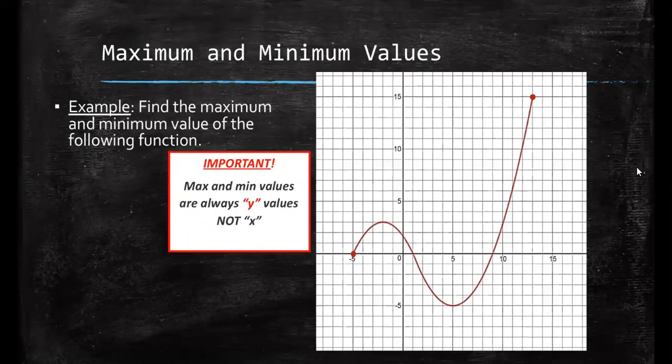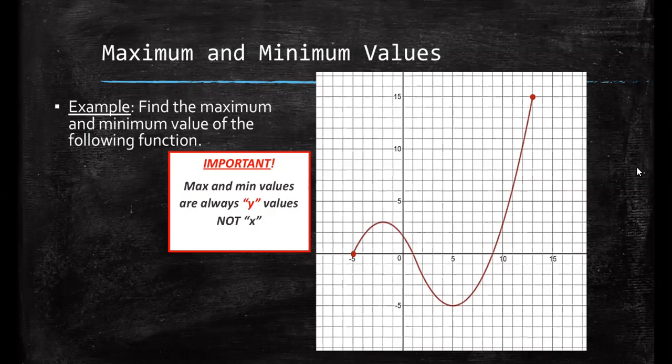So our max value is as high as the graph will go, because y values go up and down. It's as high as the graph can get and as low as the graph can get. We're not talking about maximum and minimum as far as the x values go. Because when we talk about the maximum and minimum a function can hit, we're talking about those output values.